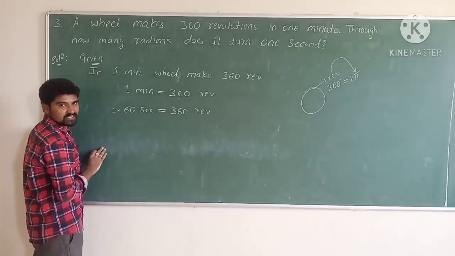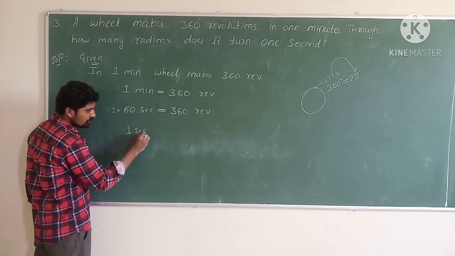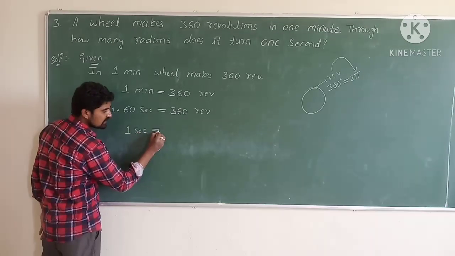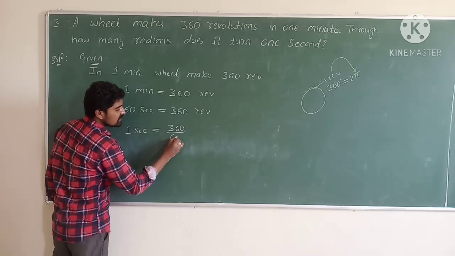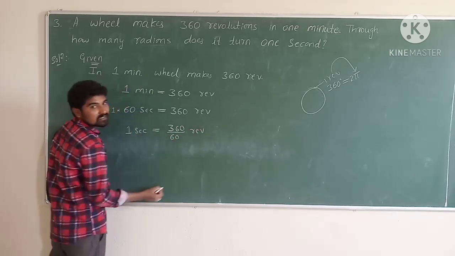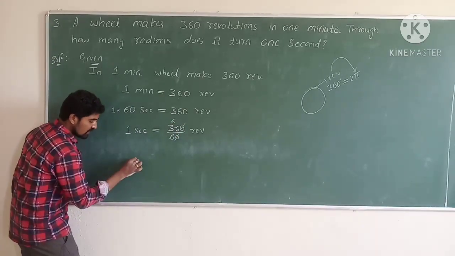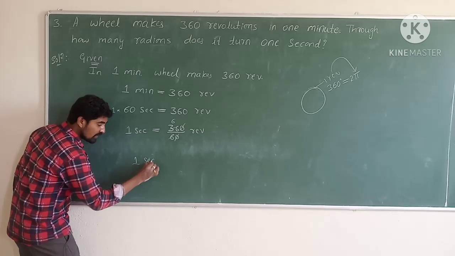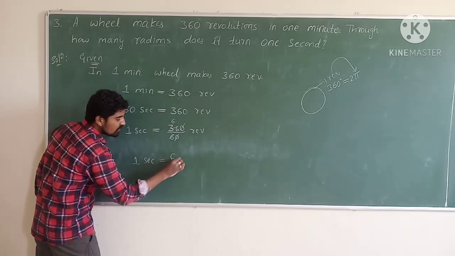Therefore 1 second is equal to 360 divided by 60 revolutions. 0 and 0 get cancelled. 6 1s are 6. Therefore in 1 second that wheel makes 6 revolutions.